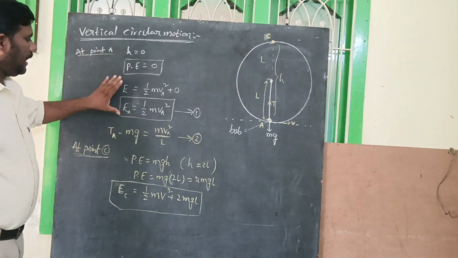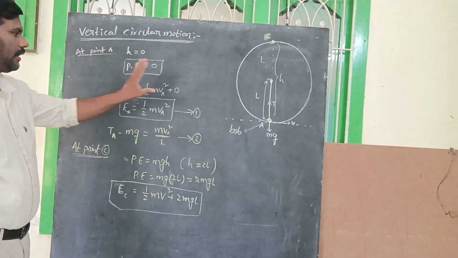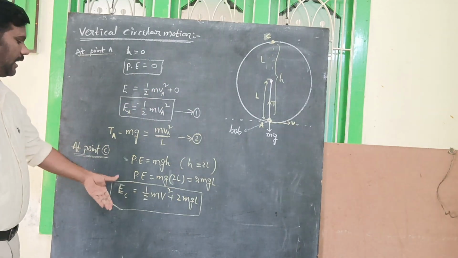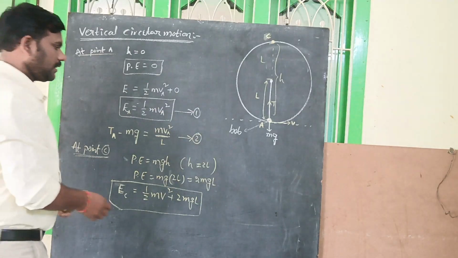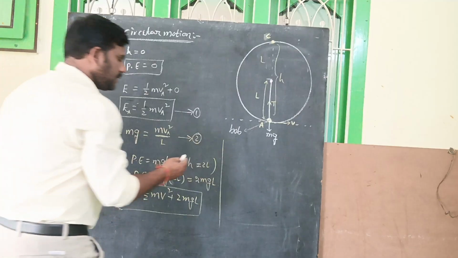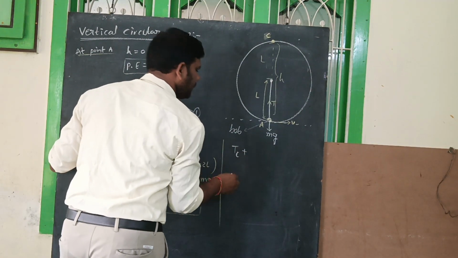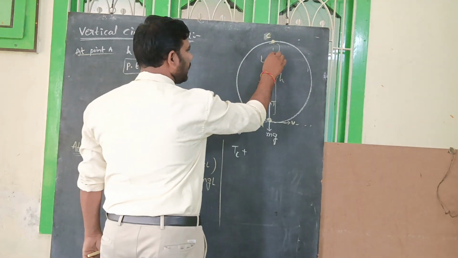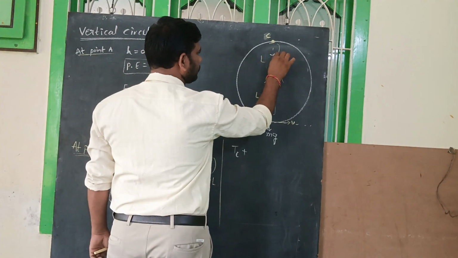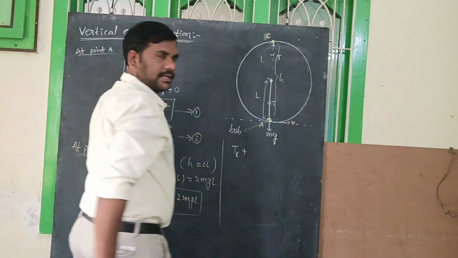So we have the energy and tensional force at the lowest point, and the energy at the highest point. Next we will find the tensional force at the highest point. Here the tensional force acts downward, and the bob's weight also acts downward, in the same direction.